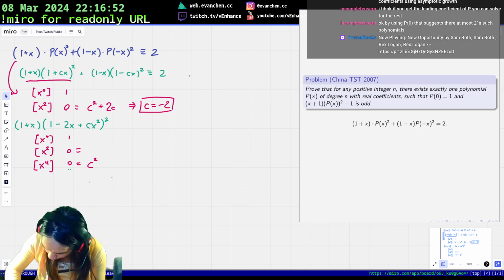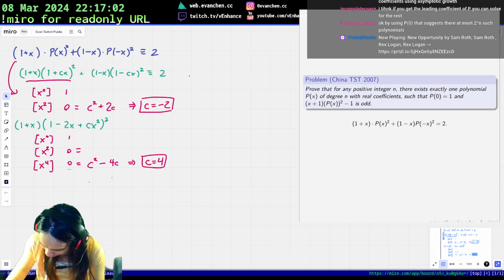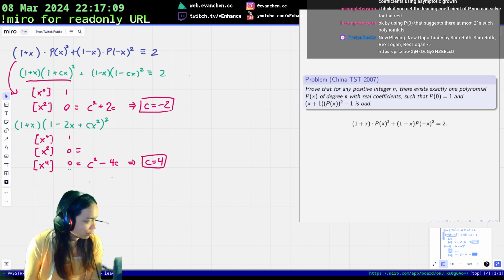and then minus 4c. So we know what it has to be, right? You just keep doing this, and every time it's minus 2 times the previous one.